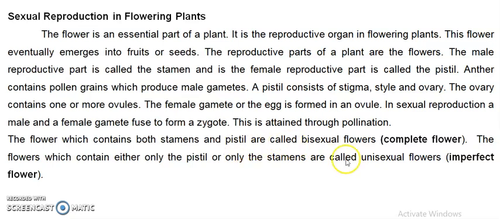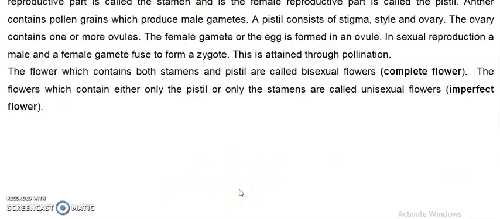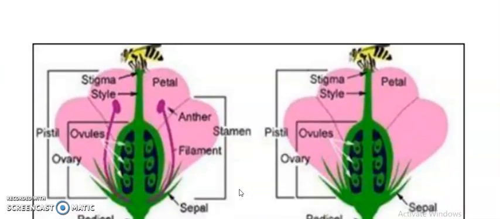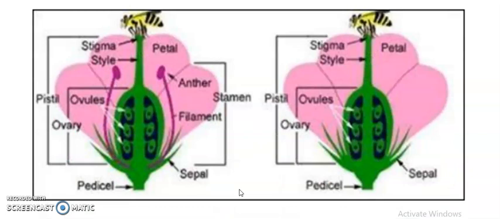So we have the so-called complete flower, which contains both stamens and pistil, and the imperfect flower, which contains only the pistil or only the stamen. Here we have the structure of the flower.